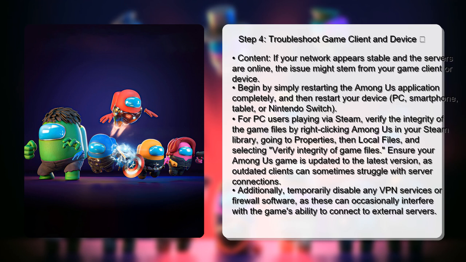For users playing on Steam, verify the integrity of the game files by right-clicking Among Us in your Steam library, going to Properties, then Local Files, and selecting Verify Integrity of Game Files. Ensure your Among Us game is updated to the latest version, as outdated clients can sometimes struggle with server connections. Additionally, temporarily disable any VPN services or firewall software, as these can occasionally interfere with the game's ability to connect to external servers.